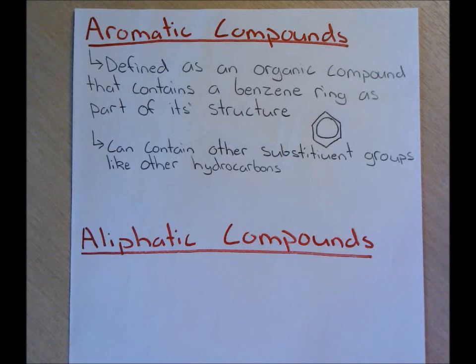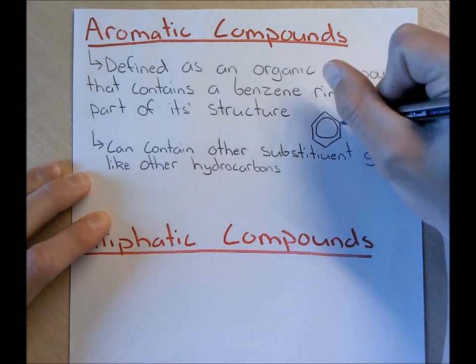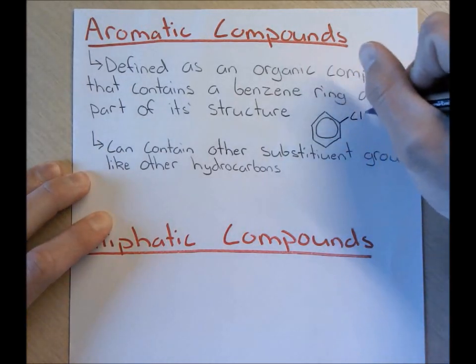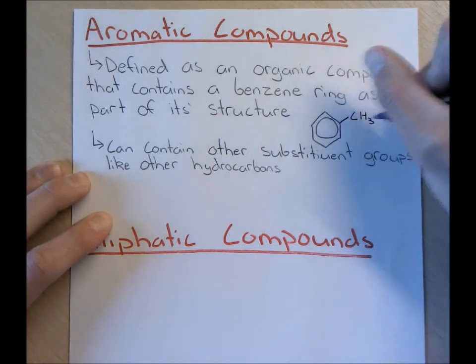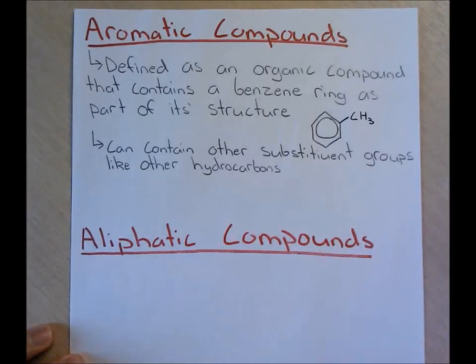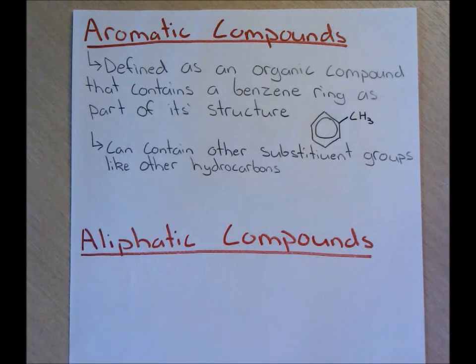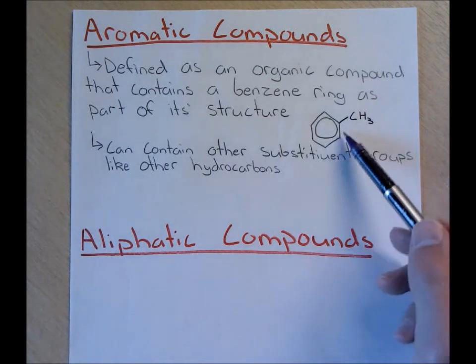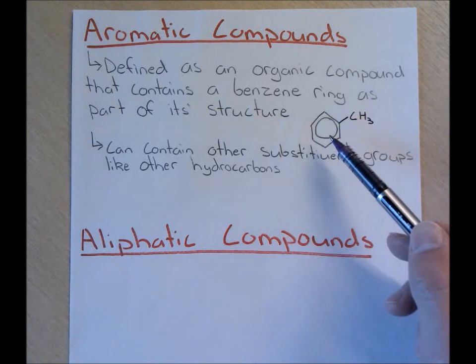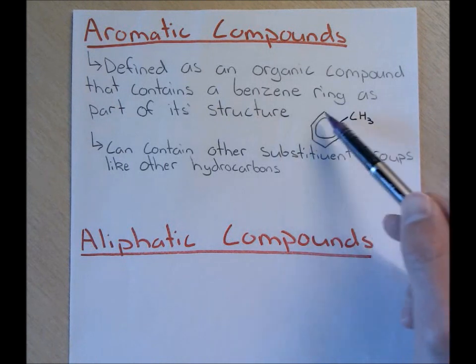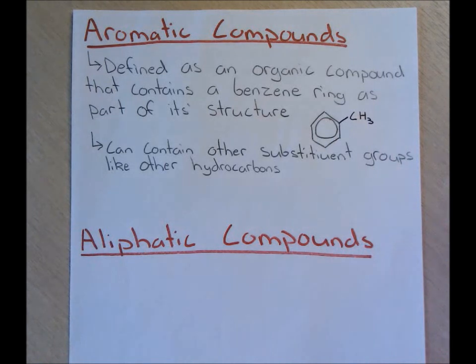With my purple pen here, an example of an attached group could be something as simple as a methyl group. The key thing with aromatic hydrocarbons is that you have to have this benzene ring. That's our base structure, and then we can add on to any vertex of this ring these additional attachments.